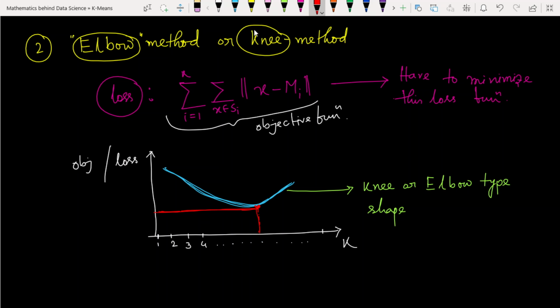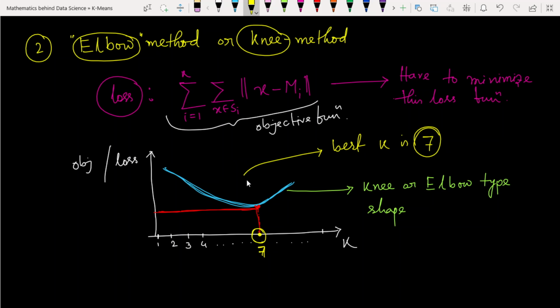Suppose this value is 7. So we can say that the best k is 7 for this example.